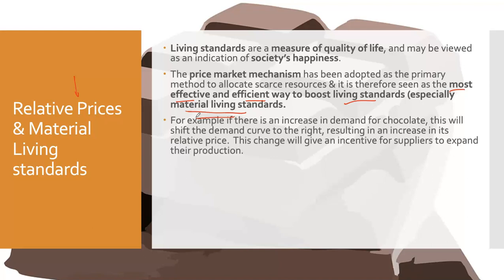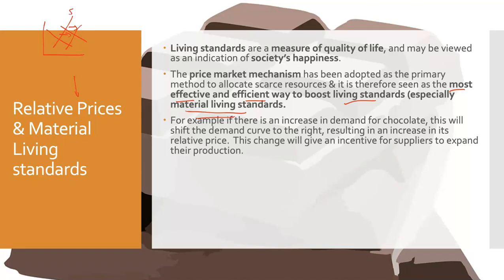How does that work? For example, if there is an increase in demand for chocolate, this will shift our demand curve to the right, resulting in an increase in the relative price. This will give an incentive for suppliers to expand production.